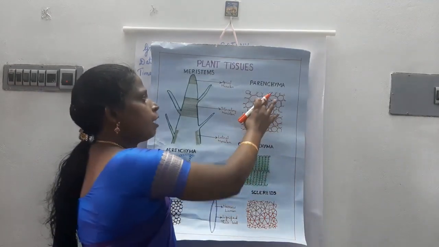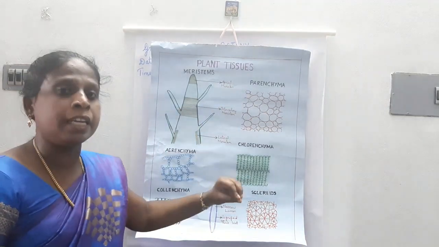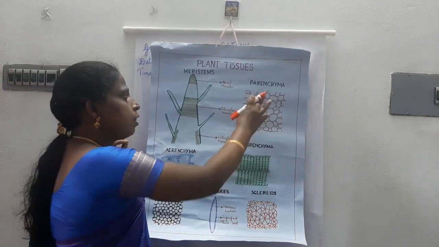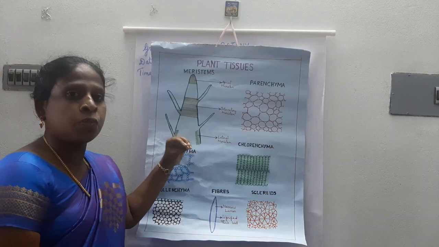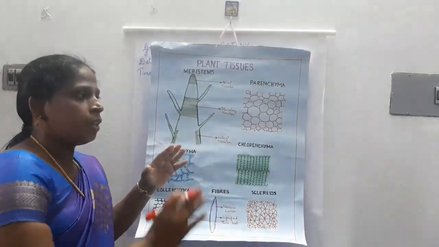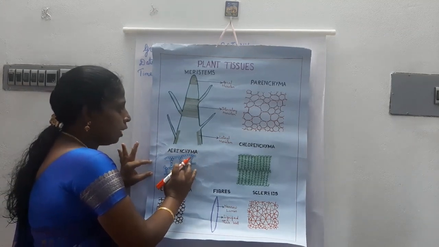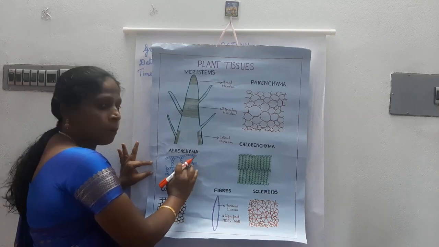And what is the function of the parenchyma tissue? Mainly it can store the food materials and fatty acids. The parenchyma tissue present in aquatic plants leaves some large intercellular spaces between the cells.